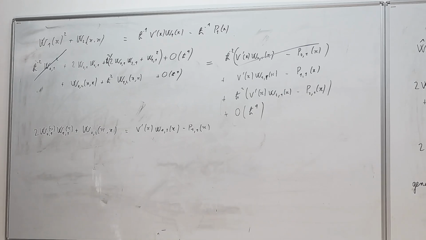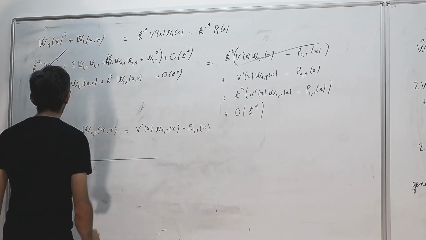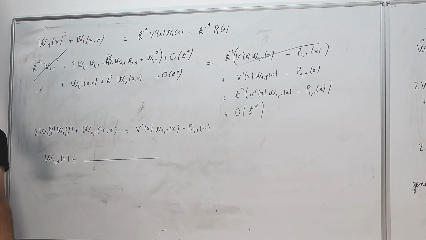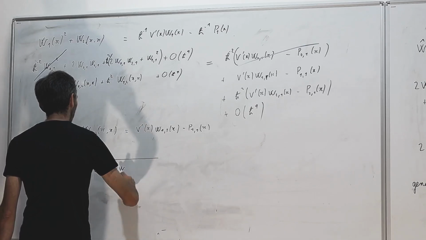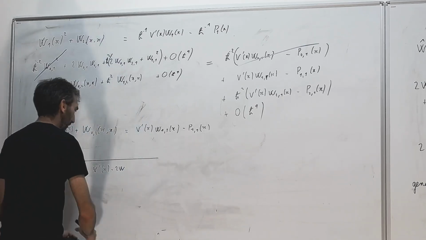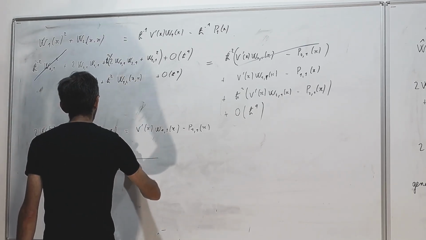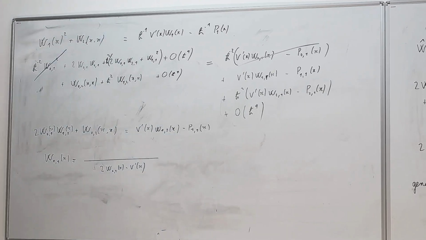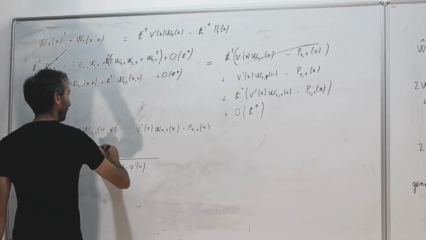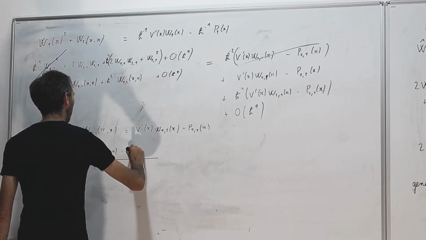We know W01, we know W02, so W11 of x is, let me write it this way, 2 W01(x) minus V'(x). Well, there will be a minus sign: minus W02(x,x) minus P11(x).